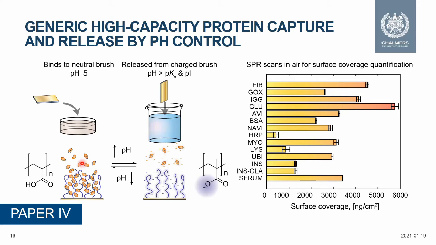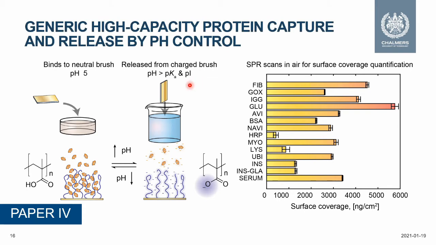To test the protein binding capacity of PMAA, first, an SPR sensor was exposed to a protein solution. Secondly, the surface was rinsed and dried, and we measured in SPR the air scan to produce a surface coverage quantification of that protein.